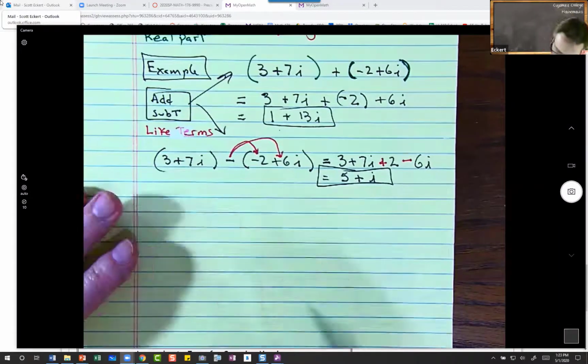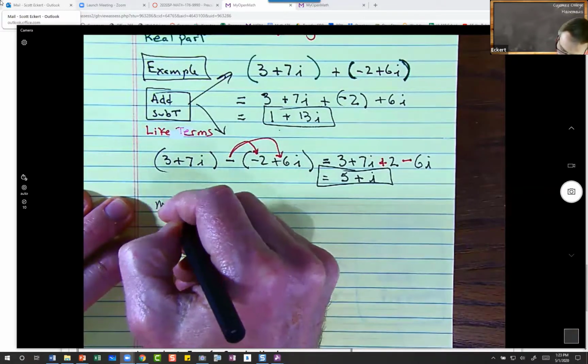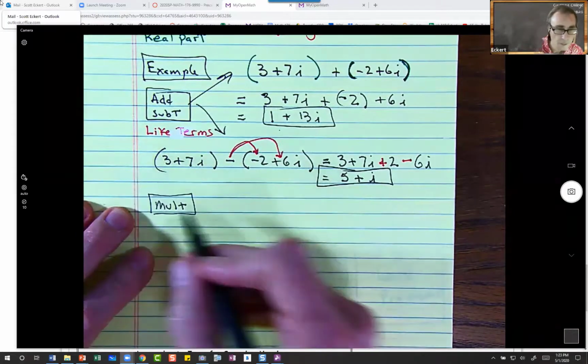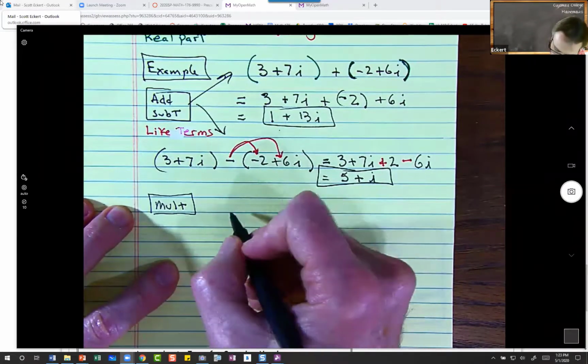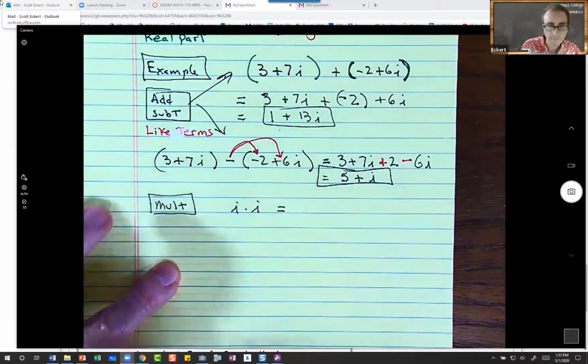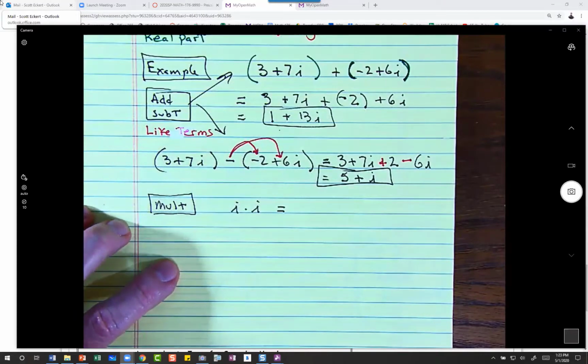Okay, what about multiplication? So before we start, what is i times i? i squared.